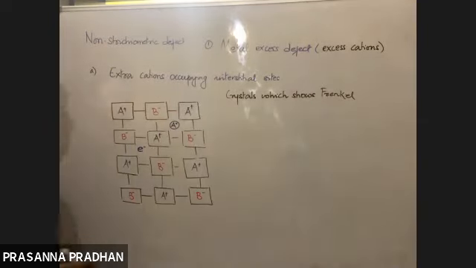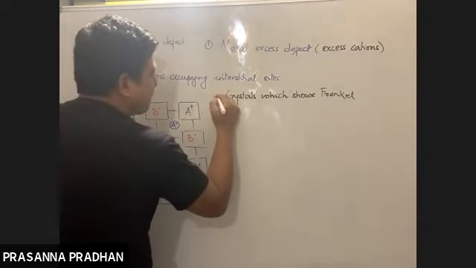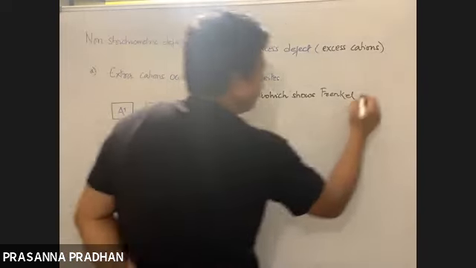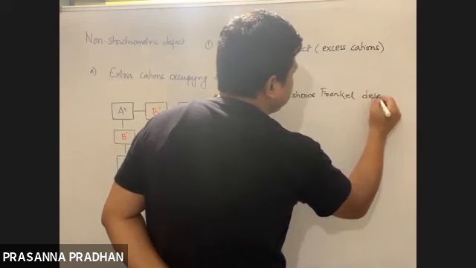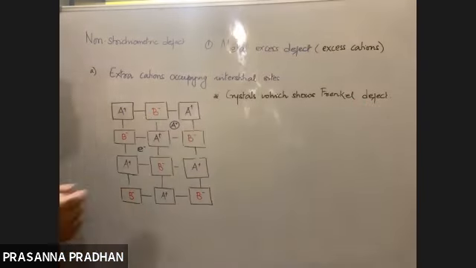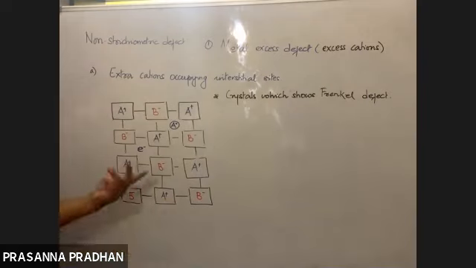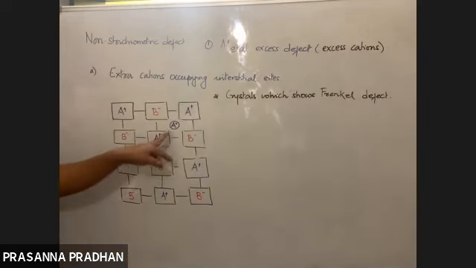So number one thing to be noted is that it is shown by crystals which show Frenkel defect. Okay, does the above figure illustrate which type of defect? Stoichiometric? No. Non-stoichiometric. कौन सा non-stoichiometric? Metal excess defect. Metal excess defect how? Due to extra cations occupying the interstitial position.